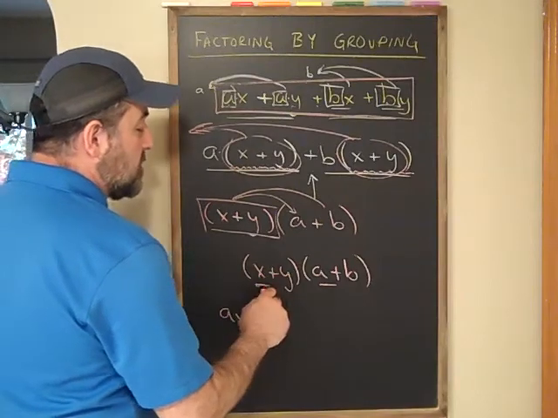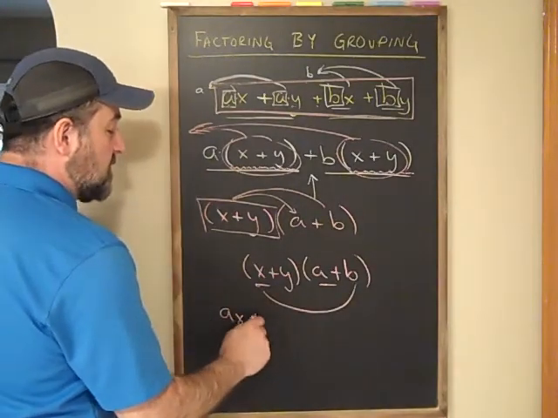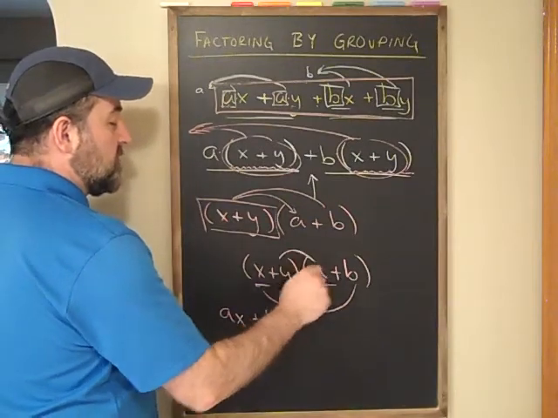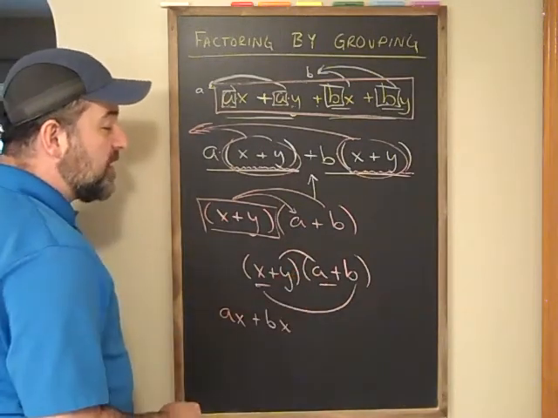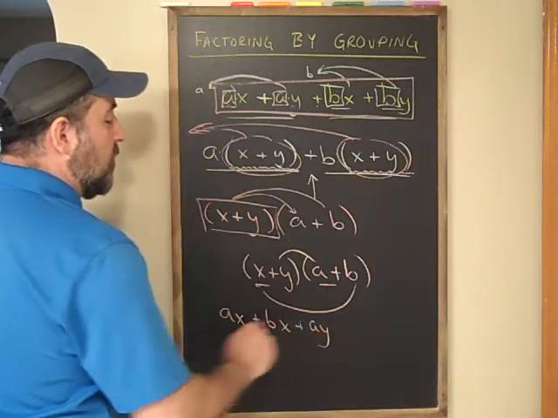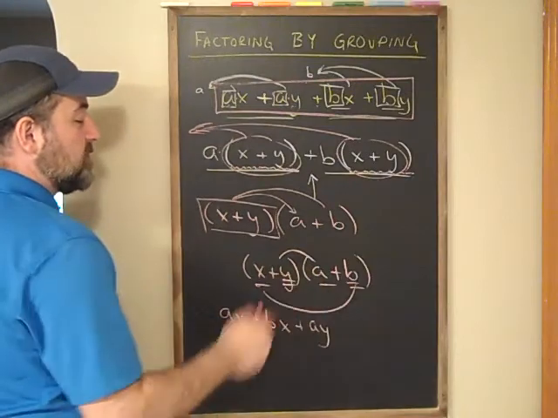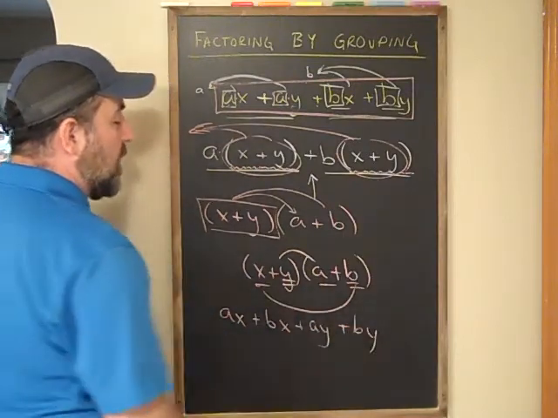Let's do our outers. Our outers is going to make plus bx. Let's multiply our inners. Our inners is going to make a y times an a, which I'm going to write as ay. And then our last times our last, our b times our y, is going to be plus by.